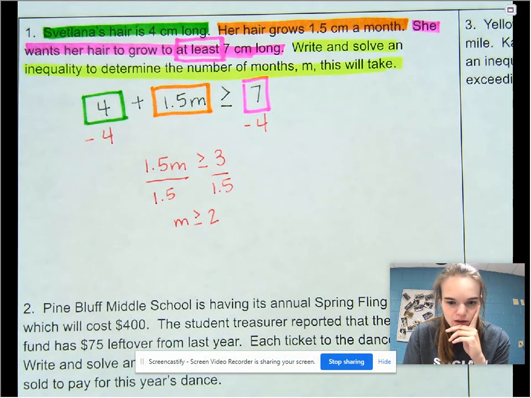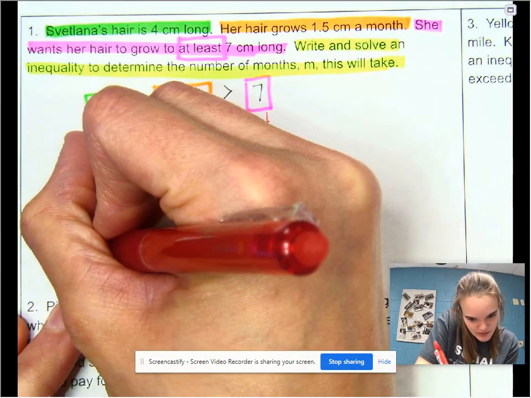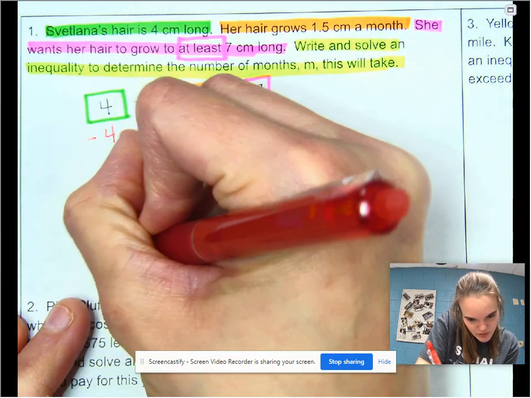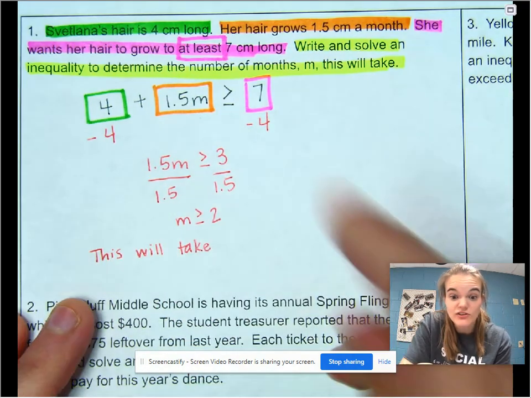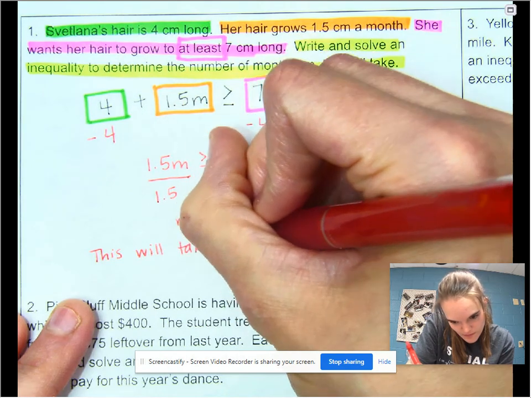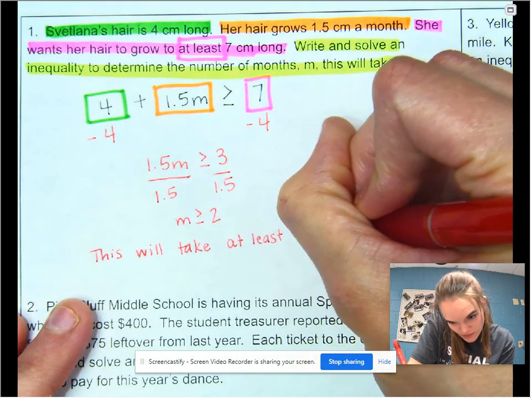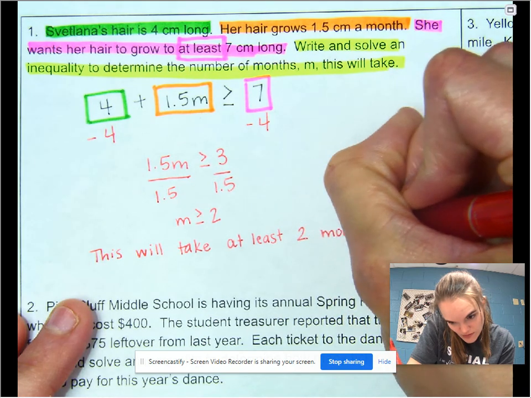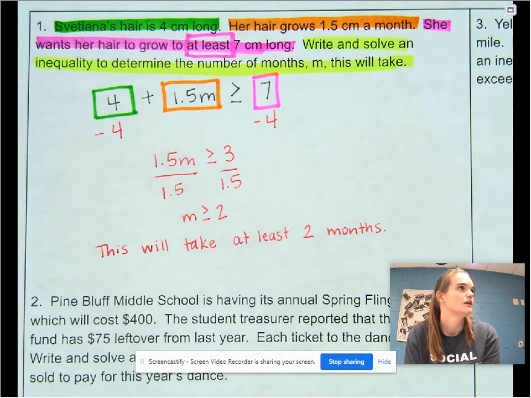She wants her hair to grow to at least 7 centimeters, right? And solving an inequality to determine. We are supposed to determine the number of months this will take. This will take at least, because I'm using their words, at least 2 months. Okay, let's try number 2.